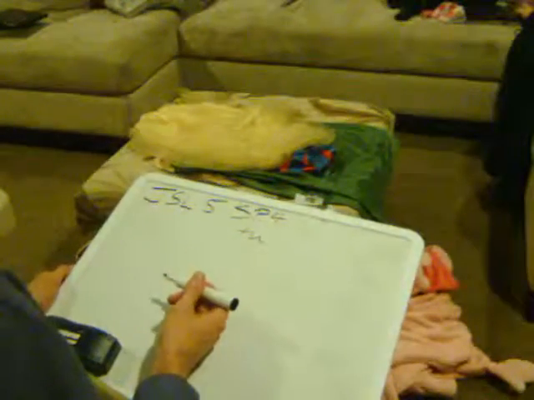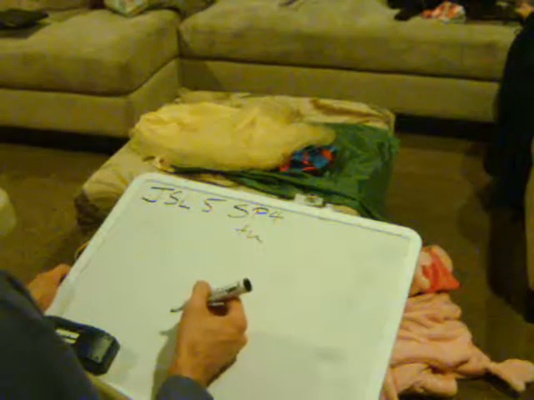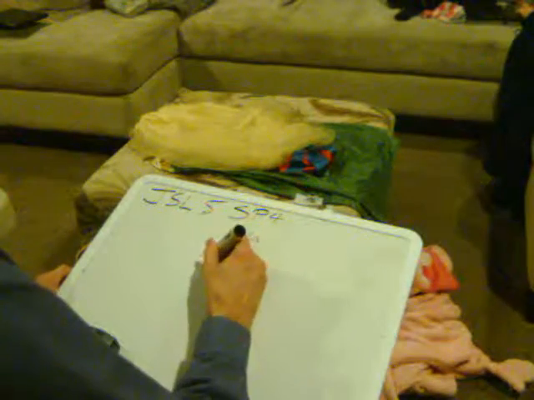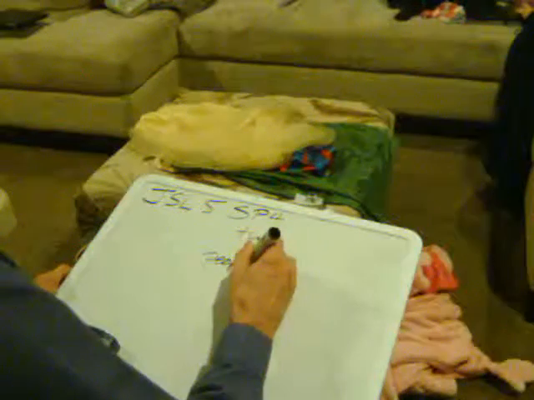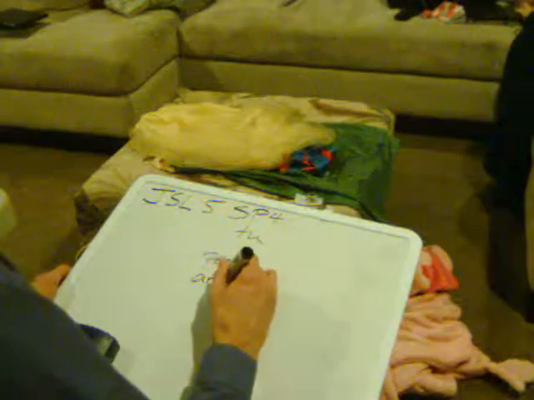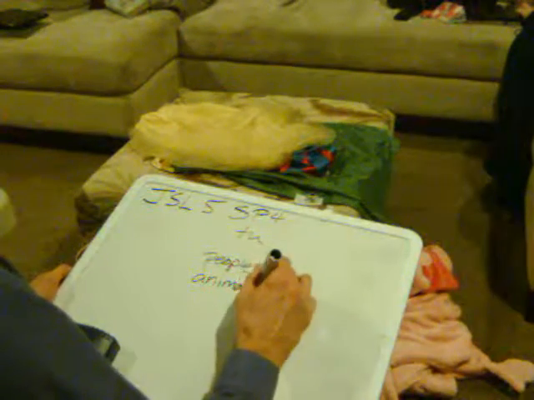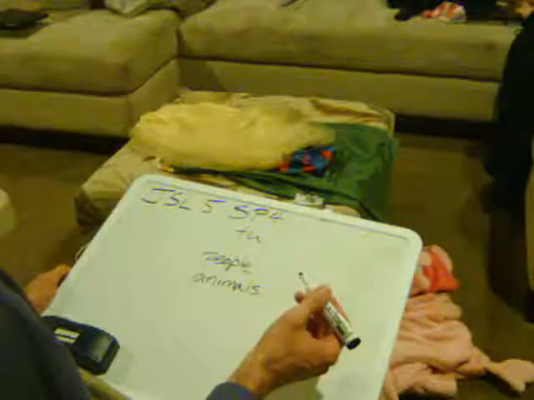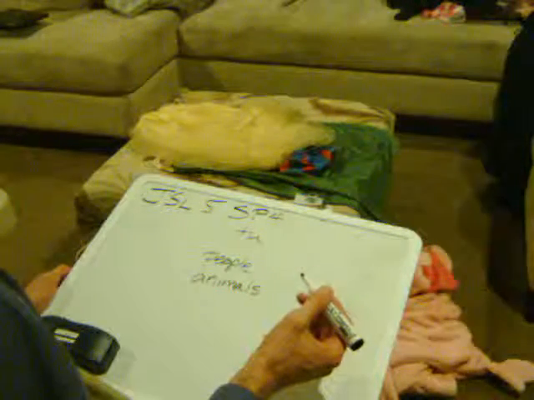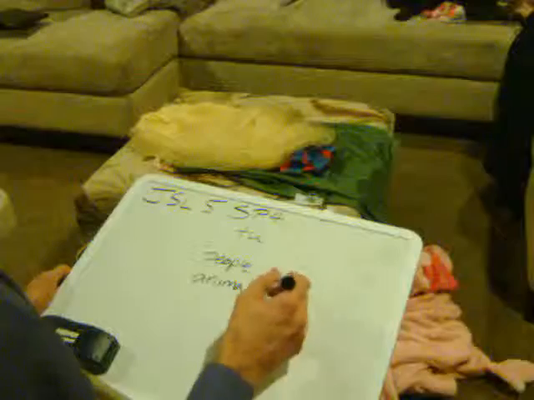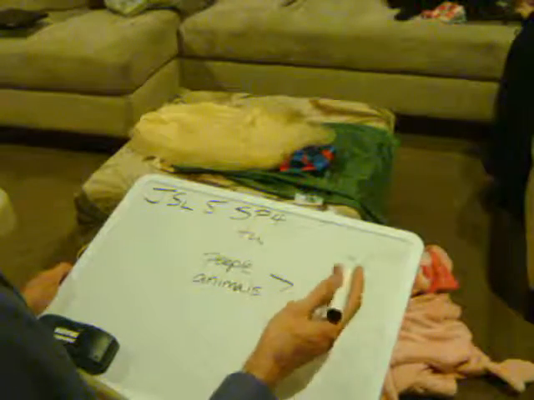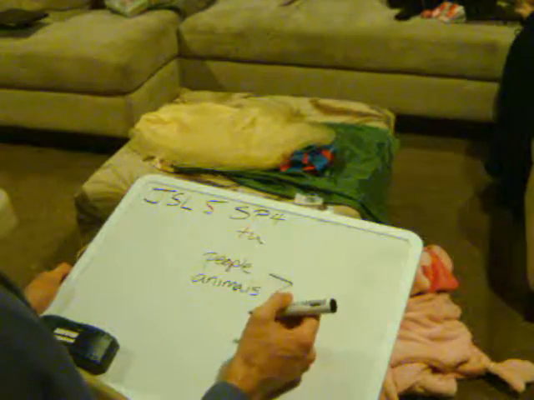Okay. Things that are living would be people, obviously, animals, mainly those 2 things, things that can have their own will and move around and are alive.